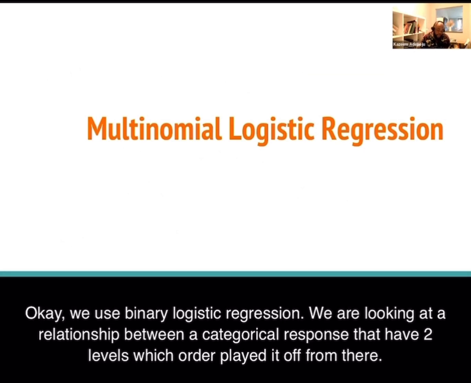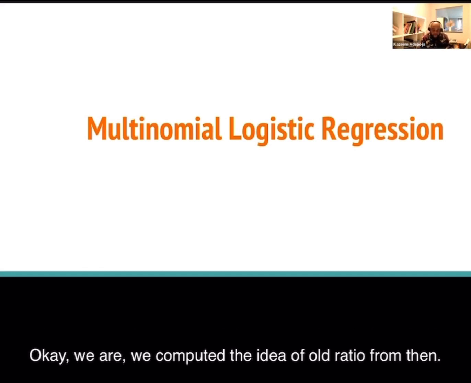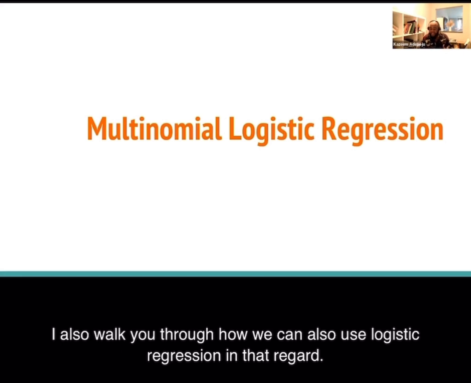We use binary logistic regression when you are looking at a relationship between a categorical response that has two levels and other predictors. From there, I walked you through the analysis of categorical variables. We computed the idea of odds ratio, and I also walked you through how we can use logistic regression in that regard.